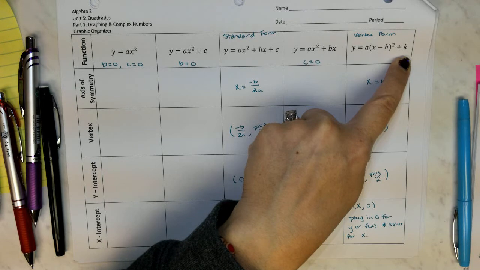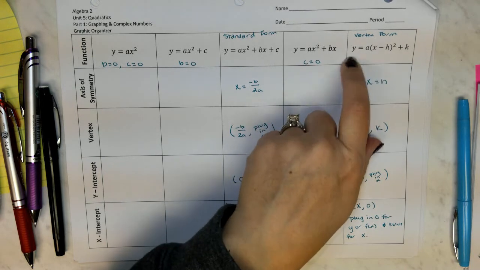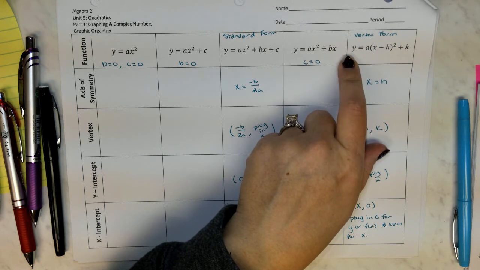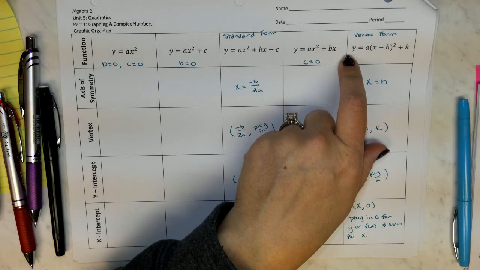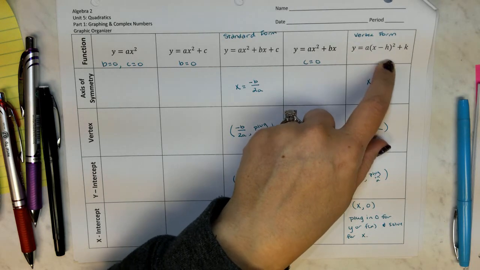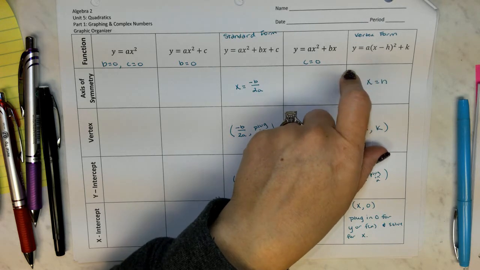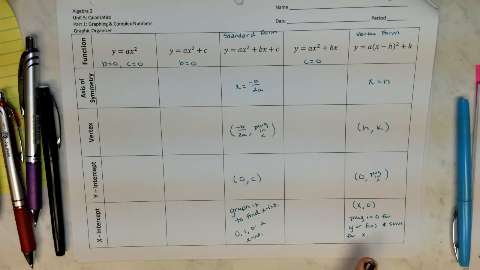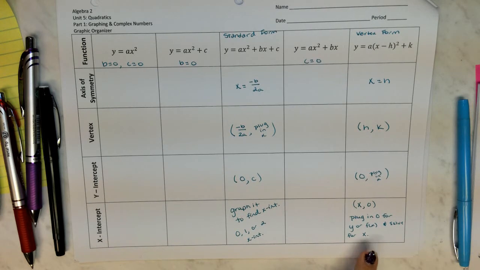So you'd subtract the k, divide by the a, square root both sides, and from that point, if you can't square root both sides because you have a negative on the one side, then you'll know that there are no x-intercepts. But if you can take the square root, then you keep going, and then you'd add h to both sides, and you would have your 1 or possibly 2 x-intercepts. If you can't take the square root of a negative, then it's no x-intercepts.